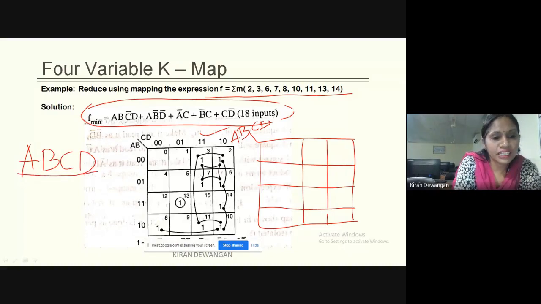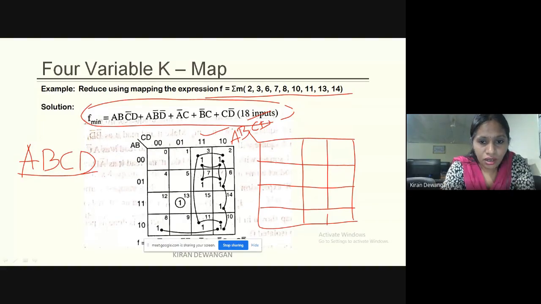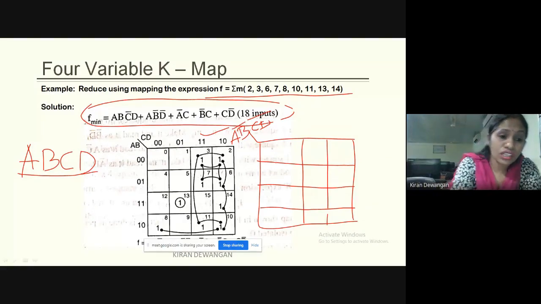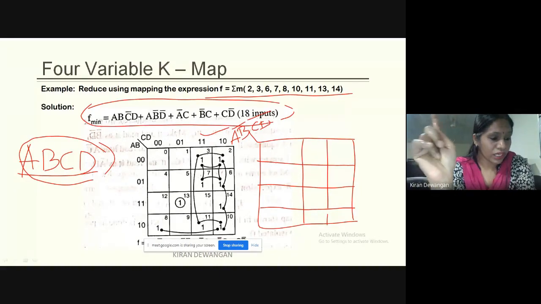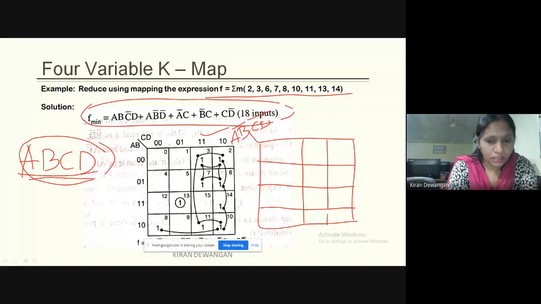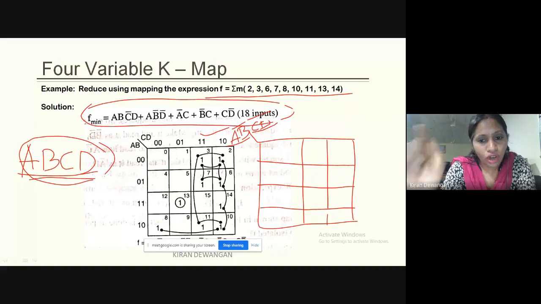So we'll take it in the sequence. Don't write AB on this side and CD on that side, because in that case the complete code will be changed. So don't ever write in that way. Just follow this: AB will be your rows and CD will be your columns.